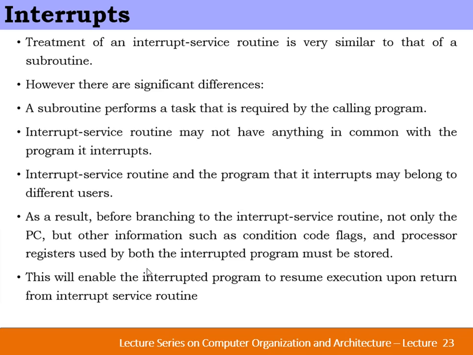Whenever we are executing a subroutine, the calling program calls the subroutine, and once the subroutine is executed, it will come back to the main program. Therefore we require a return address in order to come back to the main program.